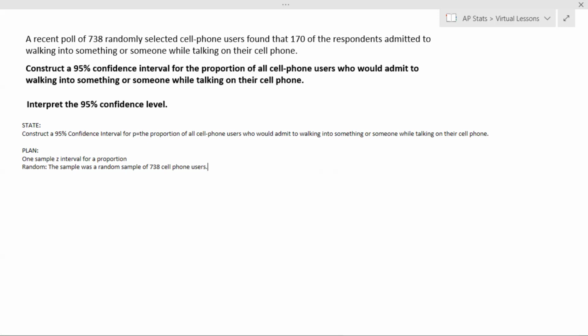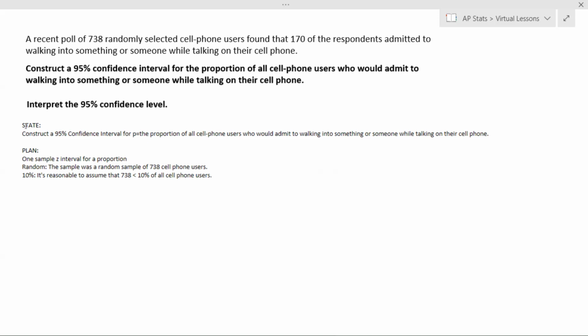The sample was a random sample of 738 cell phone users. For the 10% condition, it's reasonable to assume that 738 is less than 10% of all cell phone users.